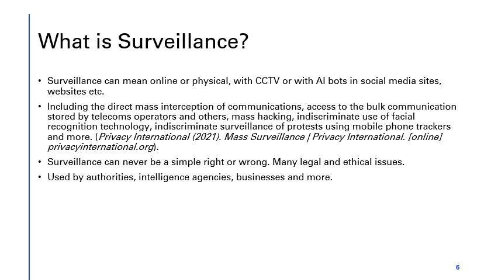There are many legal and ethical issues that also come along with the use of surveillance. It's used by authorities, intelligence agencies, businesses, and more. And so, again, as mentioned before, it's important that we understand how and when surveillance should be used in these circumstances.